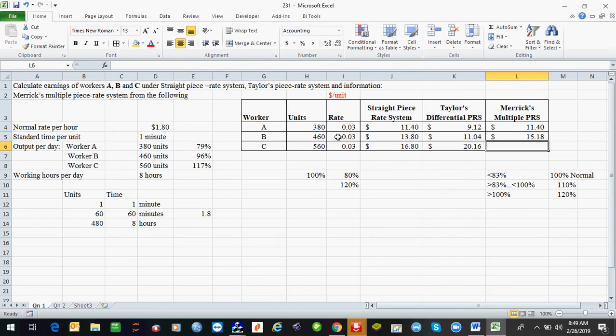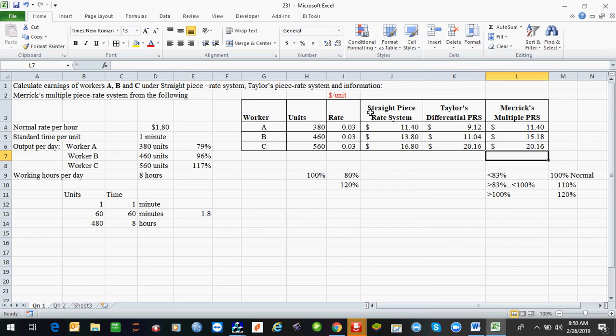So B is going to get $15.18. Then C produced 560 units, more than the normal 480, so the rate is 120%, which is 560 times 3 cents times 1.2. So C is going to get $20.16, B $15.18, and A $11.40. So that's that for our question 1.